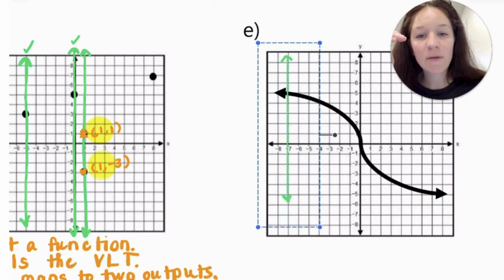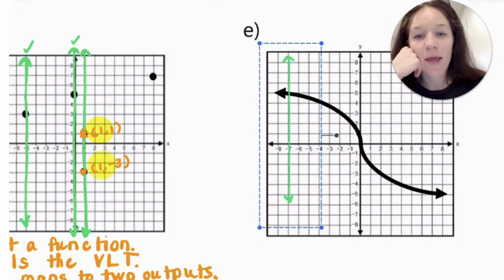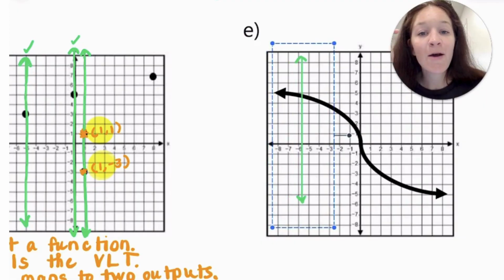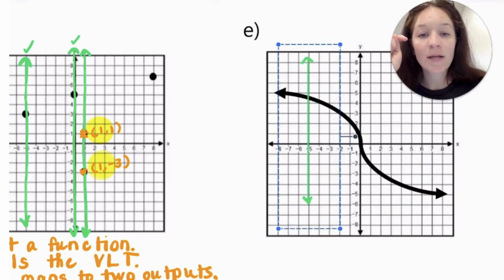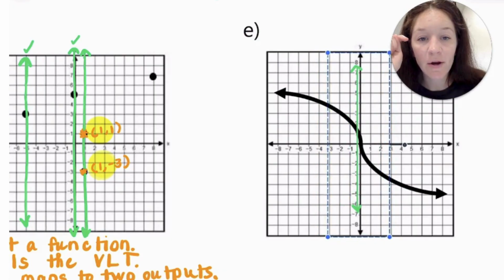There's not just ordered pairs, it's actually a line or a curve. And so to see if it passes the vertical line test, I'm going to take my vertical line and move it, or you can take your pencil and move it, and I'm going to say, okay, as I move left to right with this vertical line, is it only ever intersecting with that black line one time? And so far it is. Wherever I draw my vertical line, it's only ever crossing one time, right?